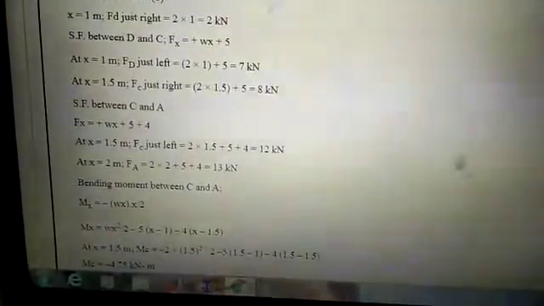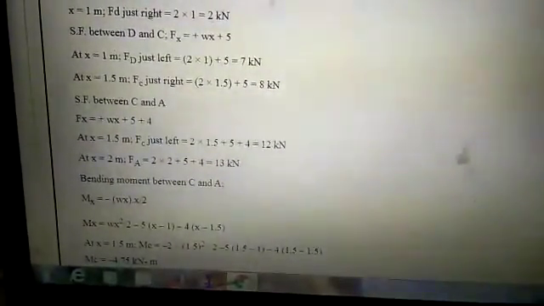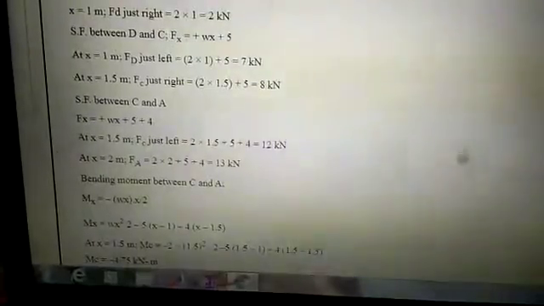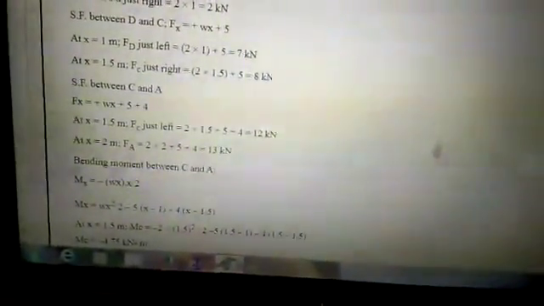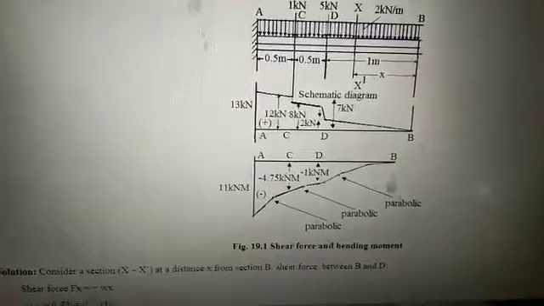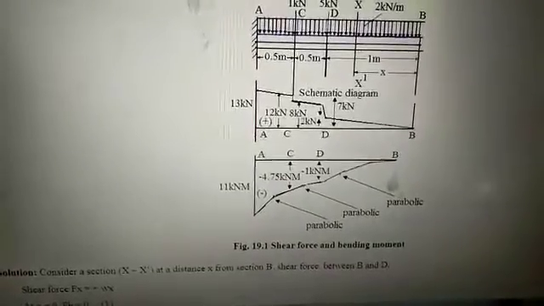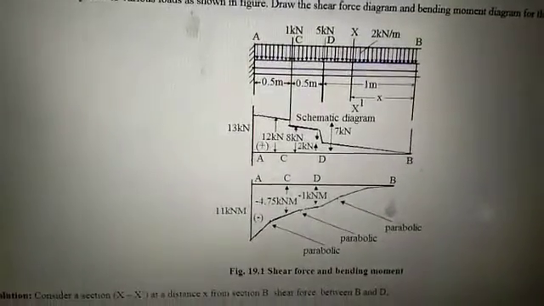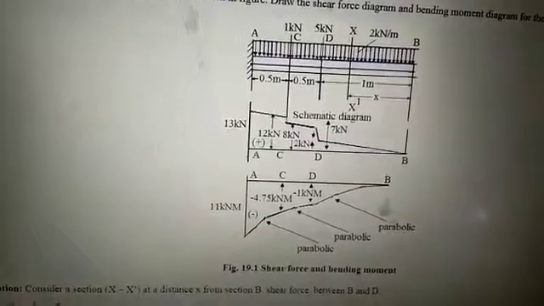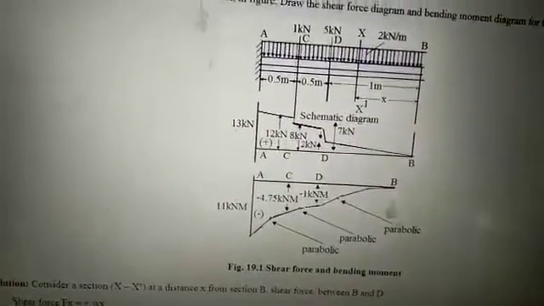So these are the values of shear force just to the left side and at A. Now for these values, we will draw the shear force diagram. This is the shear force diagram, clearly visible. As we have seen, at point B we found the shear force as 0, so it is kept as 0.